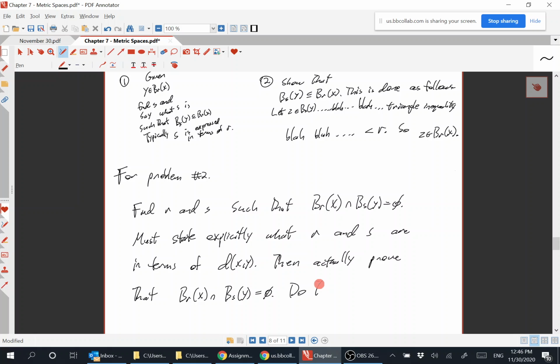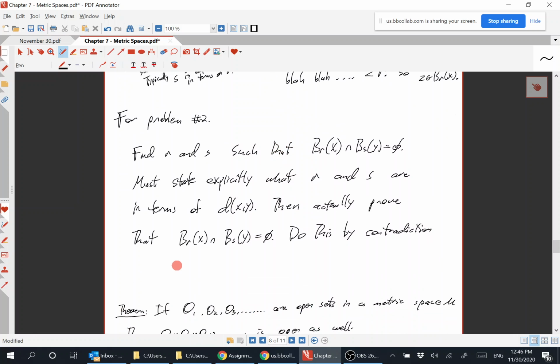Do that by contradiction, by assuming there is some Z in B_R(X) intersect B_S(Y), and then showing that that's a problem. Again, the triangle inequality will be used. Okay.